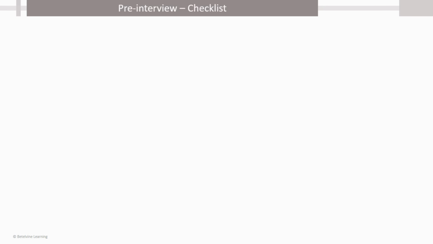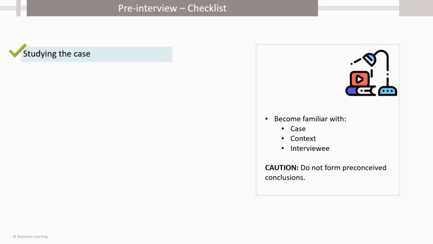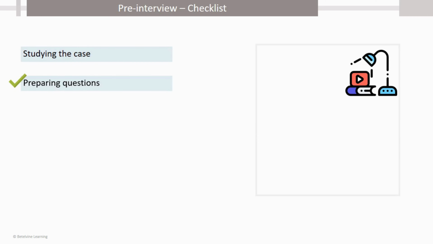Checklist for pre-interview. Key pointers for fact finders to prepare for the interview are studying the case, become familiar with the case, context, and the interviewee. However, do not form preconceived conclusions. Prepare questions.